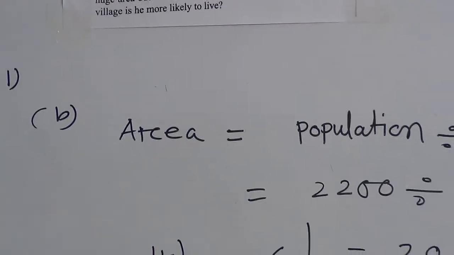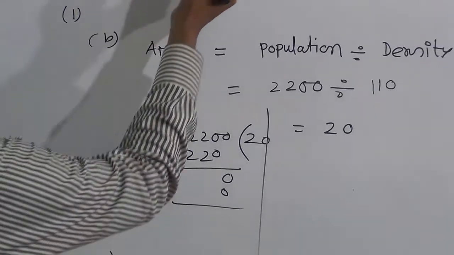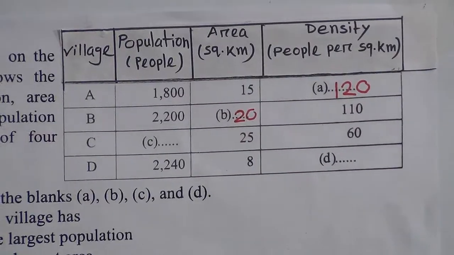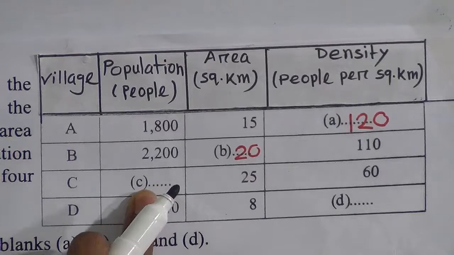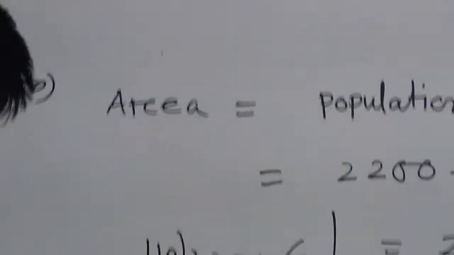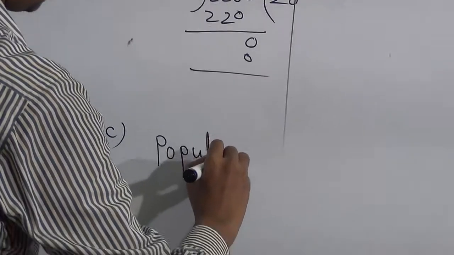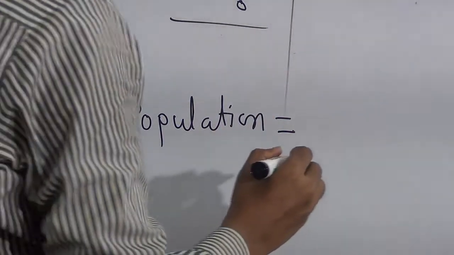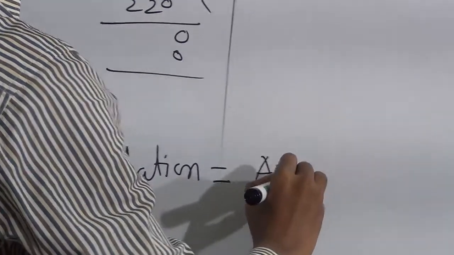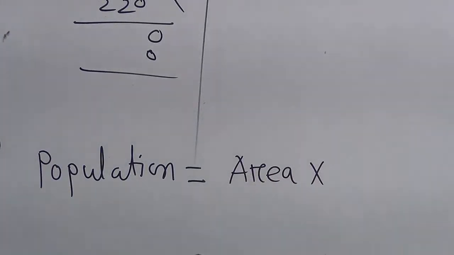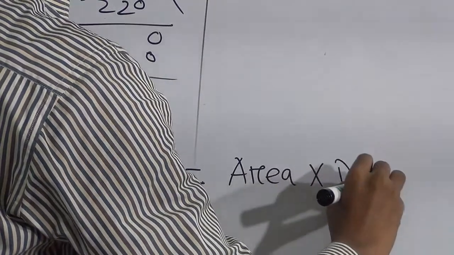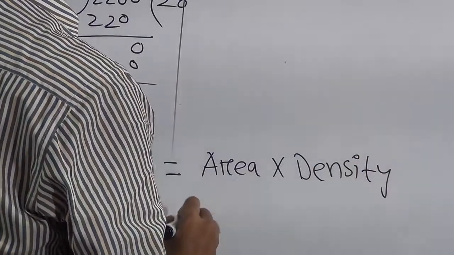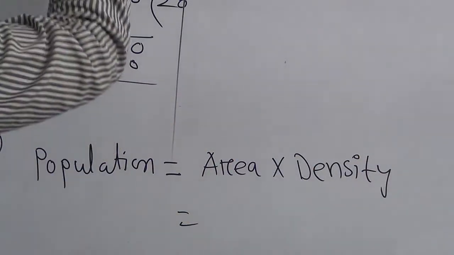Similarly, you have to determine the population for village C. We know population equals area times density.